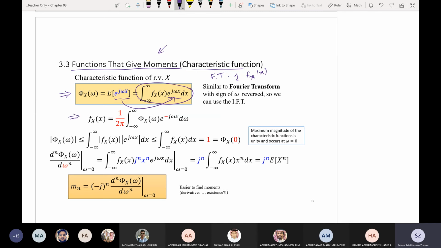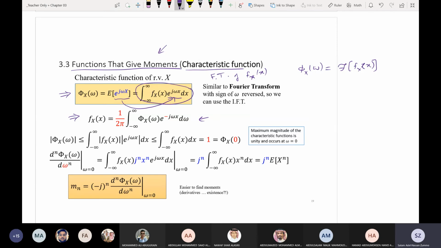And vice versa, the PDF will be the inverse Fourier transform. So basically, the characteristic function phi x of omega equals the Fourier transform of the PDF, and the PDF is the inverse Fourier transform of the characteristic function.